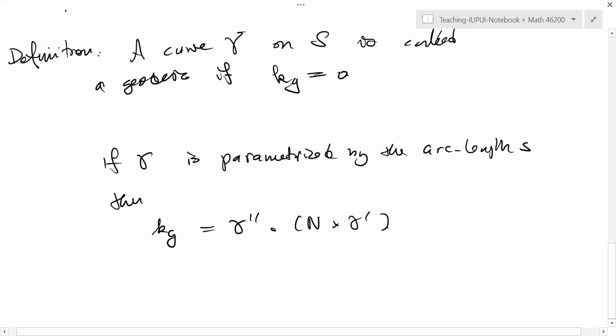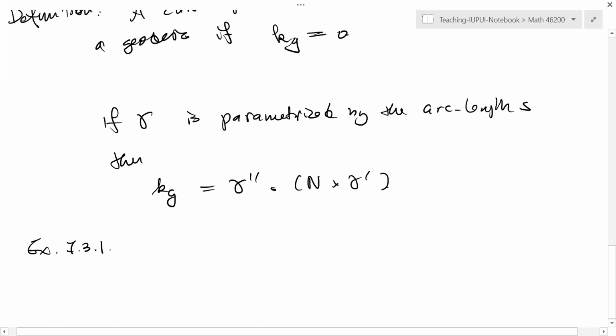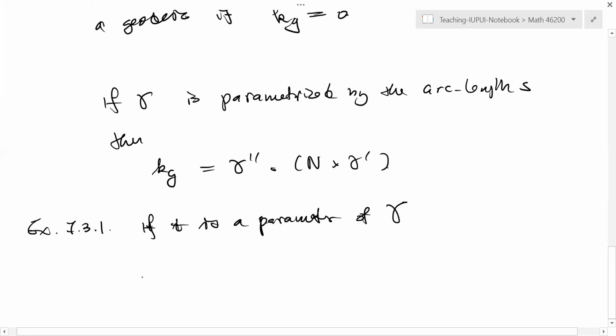Now, if it's not parameterized by arc length, this is Exercise 7.3.1. I did not assign it to you, but that's a formula. In general, if t is a parameter of gamma, it's not necessarily arc length.